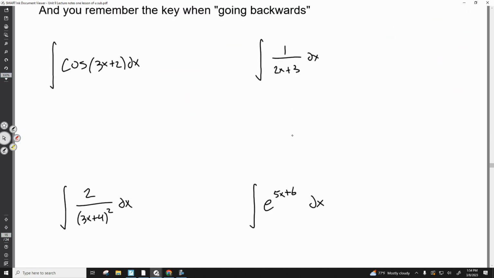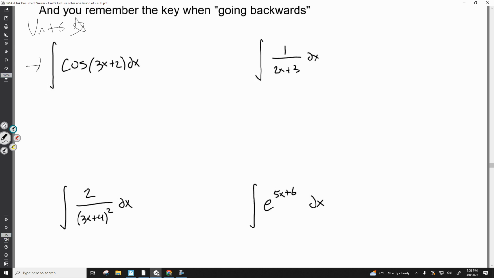You've already done this. You've already undone the chain rule in Unit 6. You already know what the antiderivative of cosine 3x plus 2 is. See if you can get it right without me reintroducing it to you.